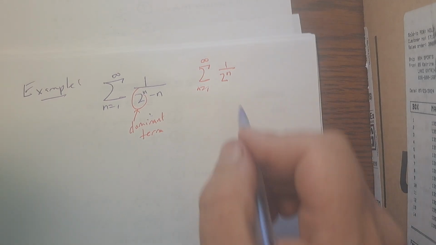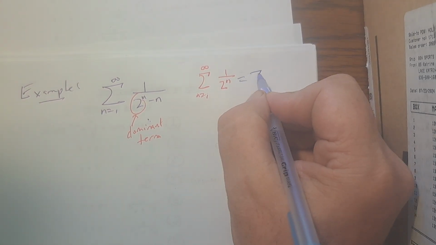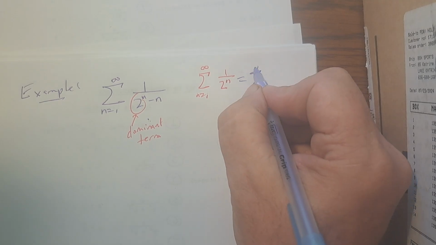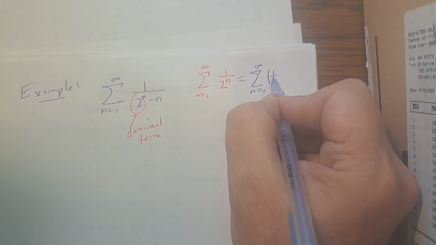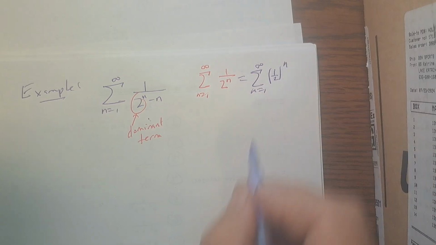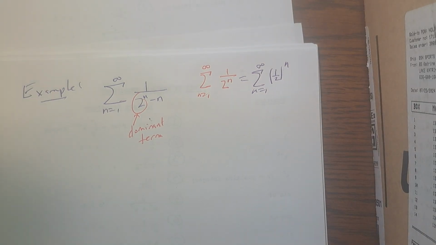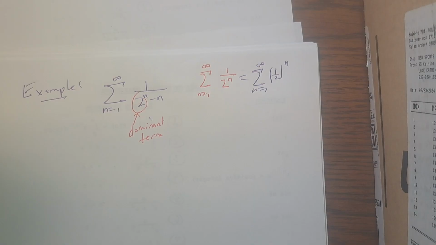Okay, so this one is the same as the sum from 1 to infinity of 1 over 2 to the n. And I know what that one does because that's geometric.